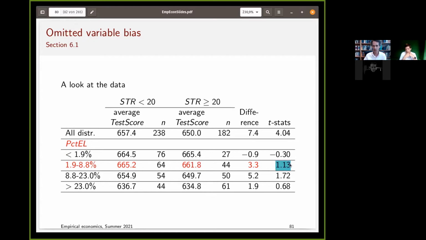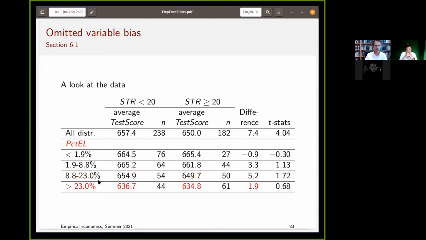And again, the t-statistic is not significant for any usual significance level. And if we continue with a relatively large amount of English learners, then we can see that, again, the large classes do a bit worse, and the difference is a bit larger. Now it's 5.2, but again, it's not significant at usual significance levels.